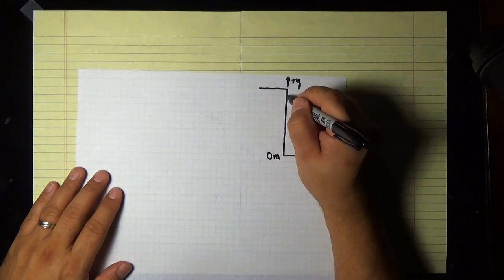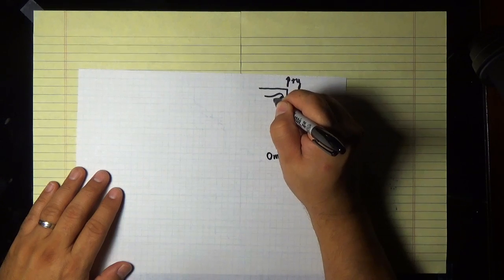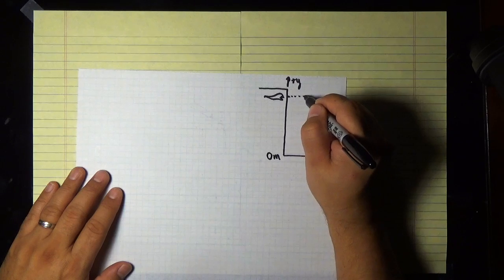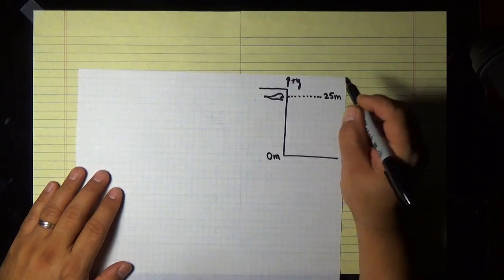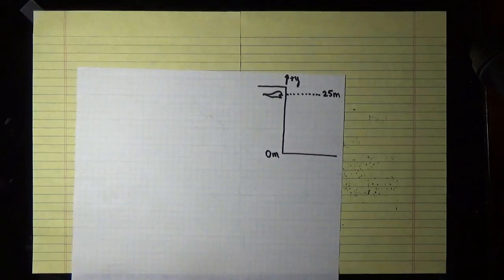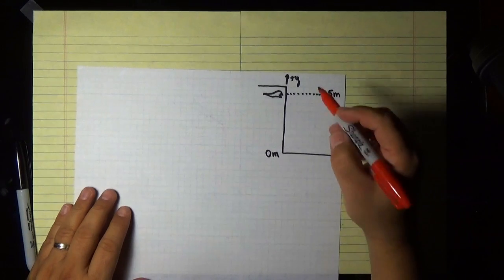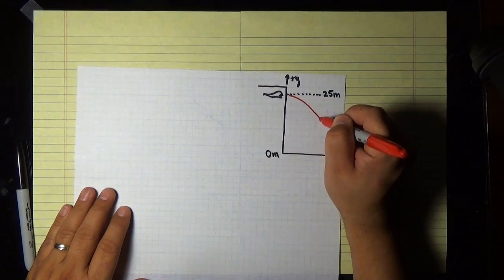Now the graboid, which is this little monster from Tremors, emerges from an initial height of 25 meters, and then it follows a trajectory that is just like the trajectories we've encountered in projectile motion.